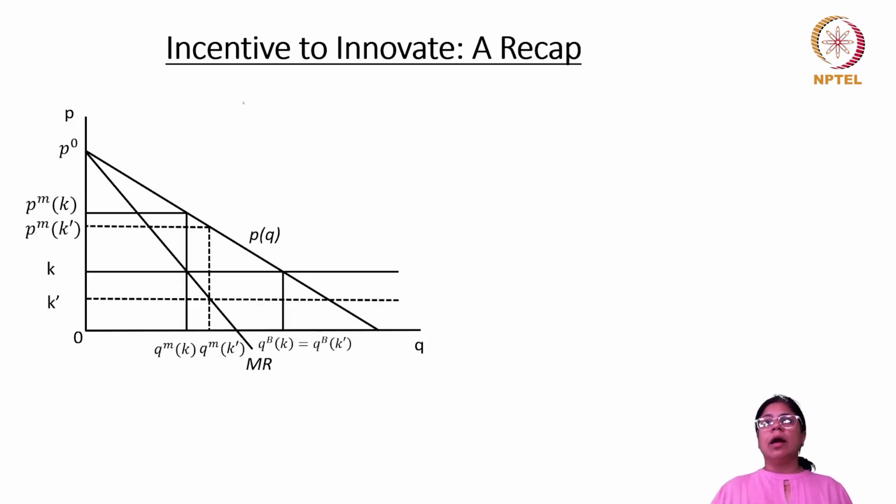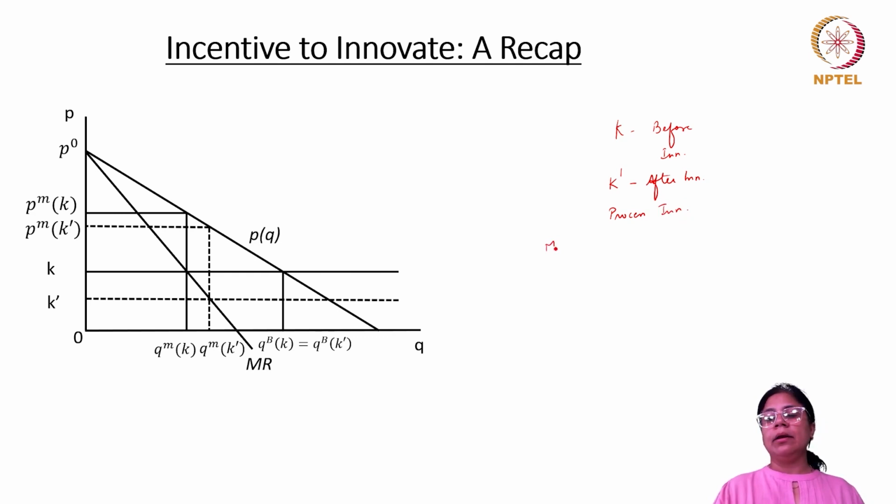Here, I am sure by now you are well versed with where we are getting these numbers from, like the quantity that is to be supplied for K, K prime, etc. Like earlier, we say that K is the cost before innovation and K prime is the cost of production after innovation. And the specific case that we are looking at is that of a process innovation.